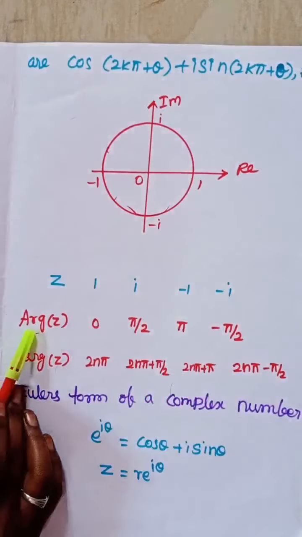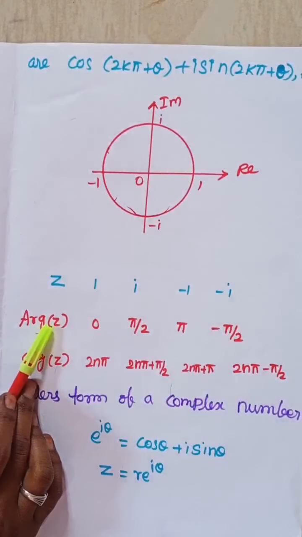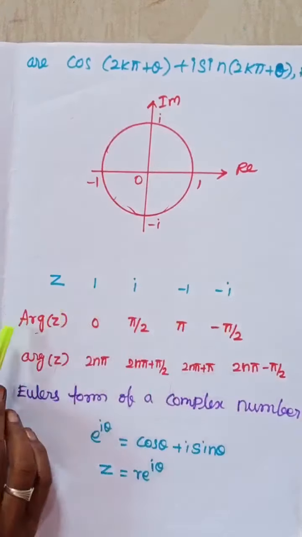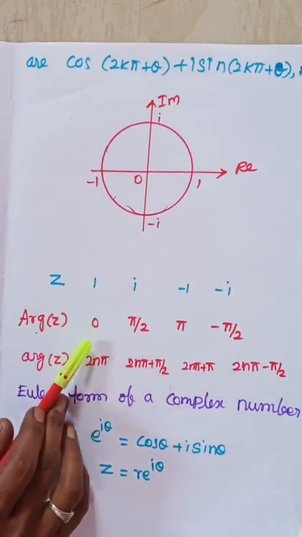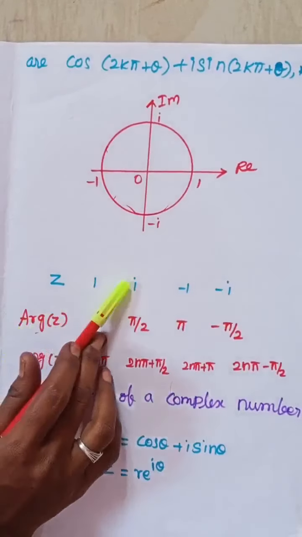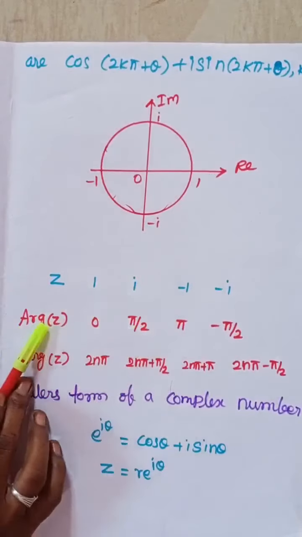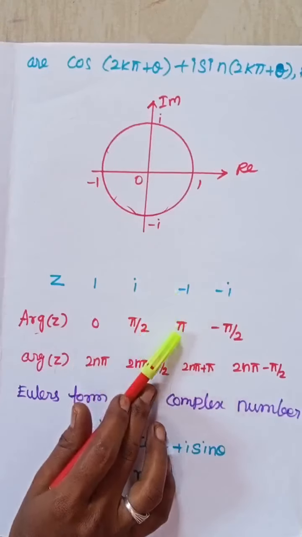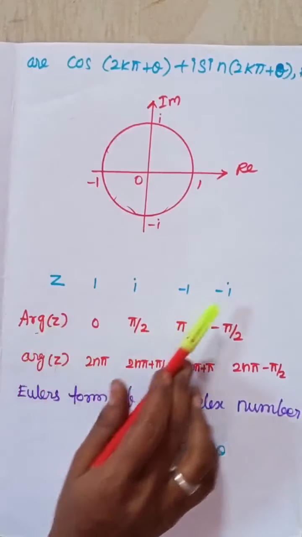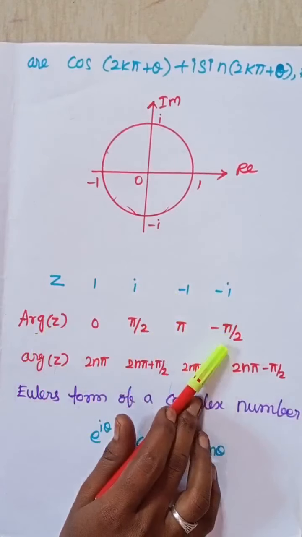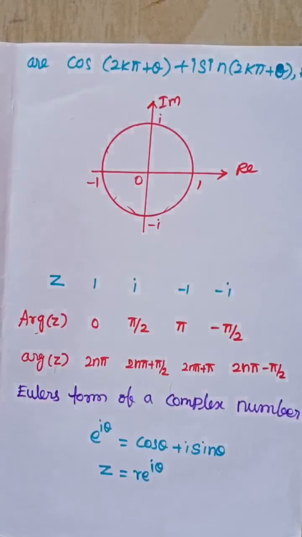Now argument of z for these values: argument of 1 is 0, argument of i is π by 2, argument of minus 1 is π, argument of minus i is minus π by 2.